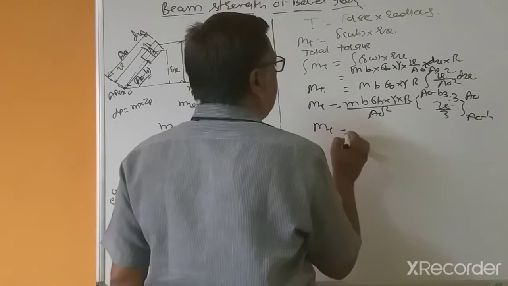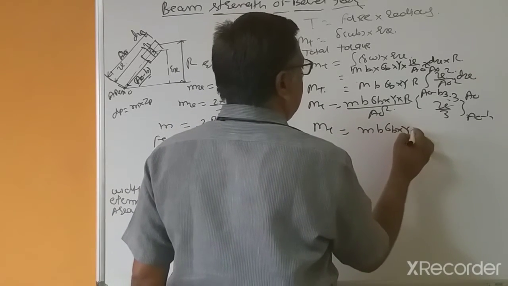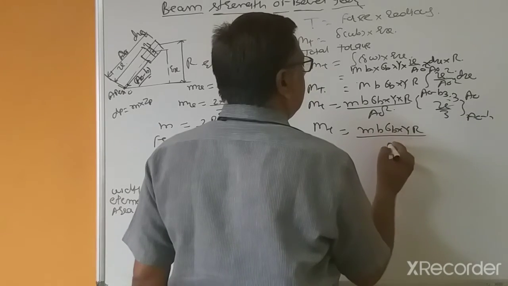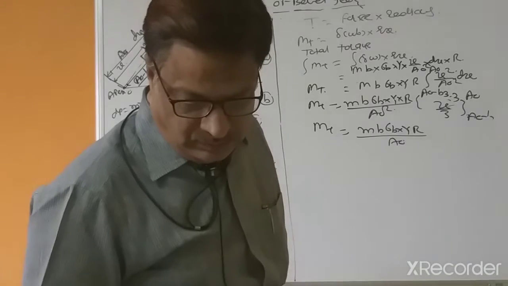So Mt equals m b sigma b Y R divided by A0 squared.